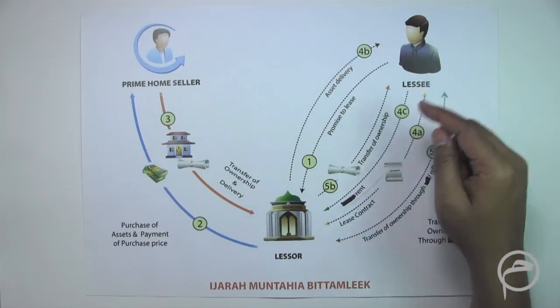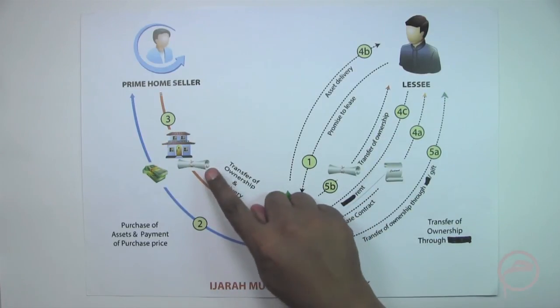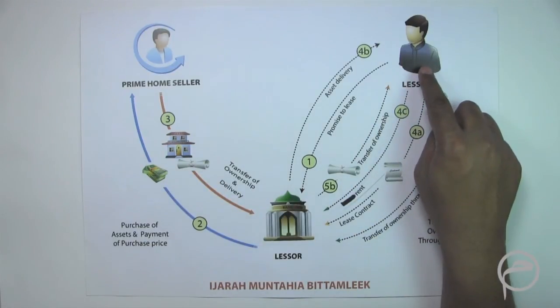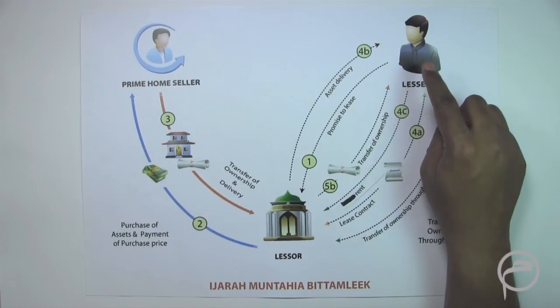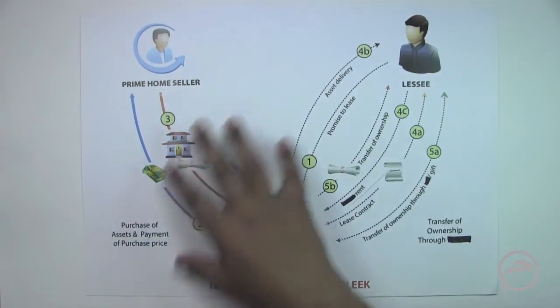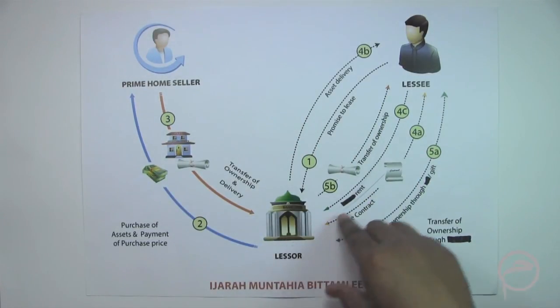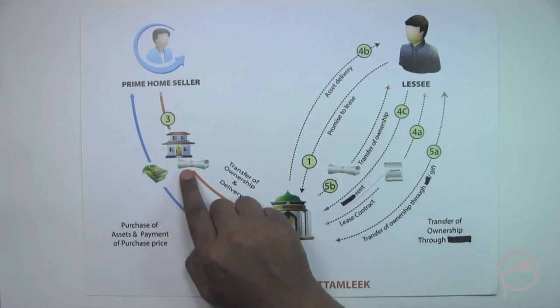Or sometimes at the end of the lease term, the ownership of the asset or the asset itself is given to the customer as a gift. So the ownership is transferred as a gift to the customer. In such kinds of structures, there is also a concept of service agency, because the asset needs to be maintained.